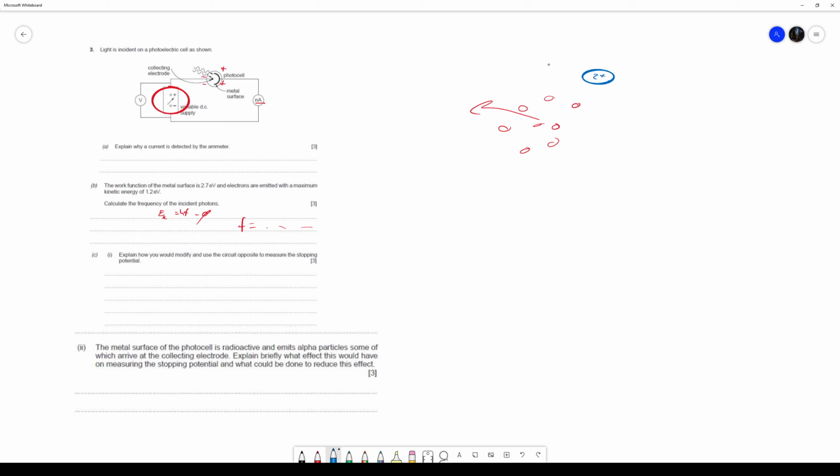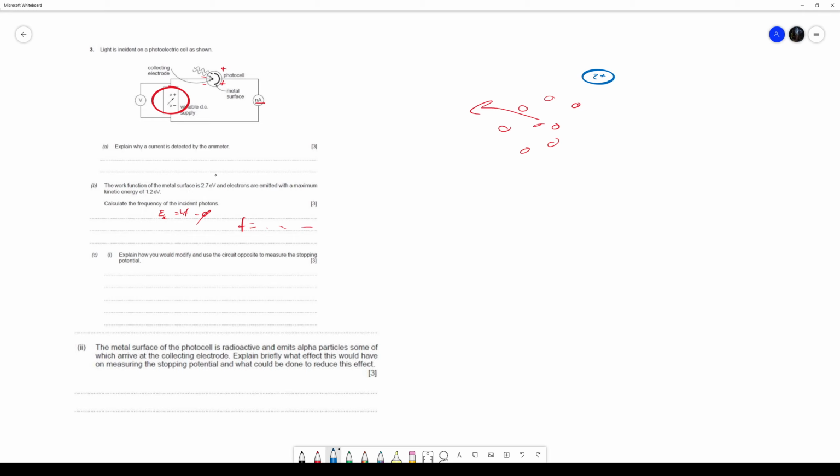Therefore, there is a net reduction in the current. So those pesky alpha particles crossing this gap are going to reduce the current overall, and what that means is we'll have a mismeasure, an offset.